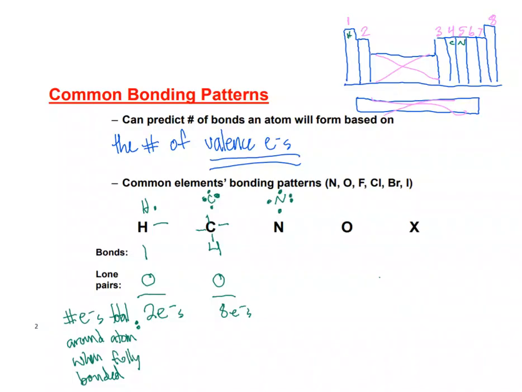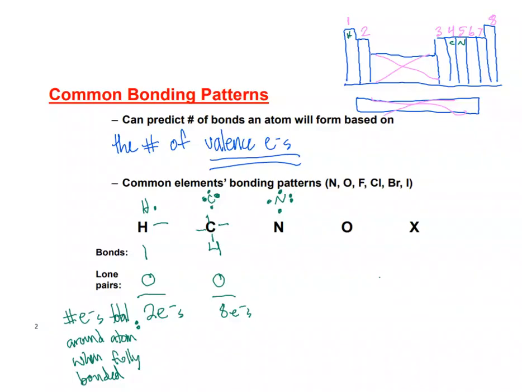So remember that in our process, any unpaired electron on the atom is going to be like a hand that's reaching out. But if we have electrons that are already paired up, it's like, well, they're already holding hands. They're already happy. They're not going to form a bond.